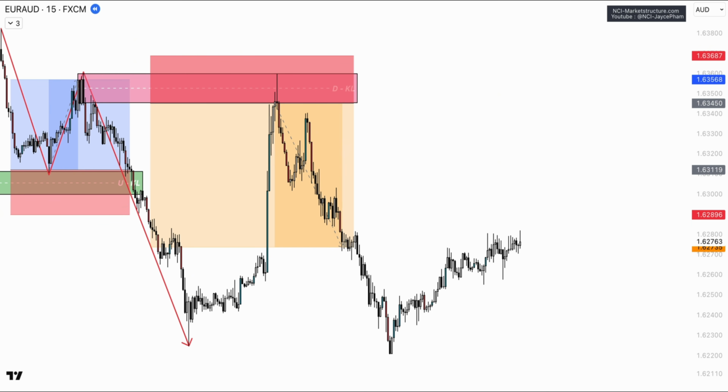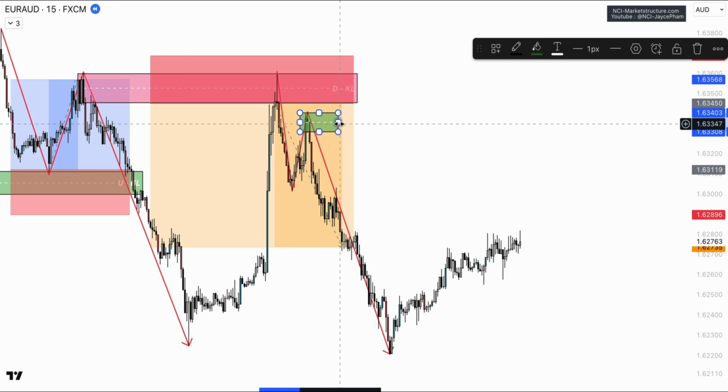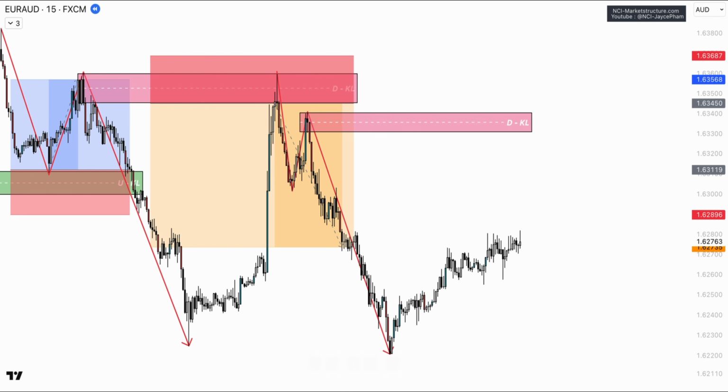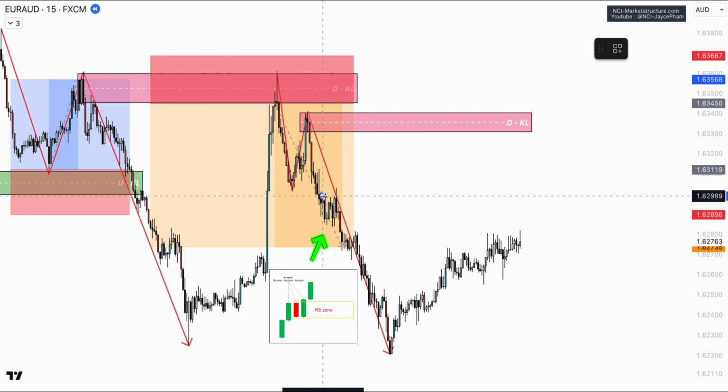At this point, the market is in a strong downtrend. We will refresh the market structure. The market is moving as follows. We have identified a key level and a POI zone featuring a very strong MMM pattern here.